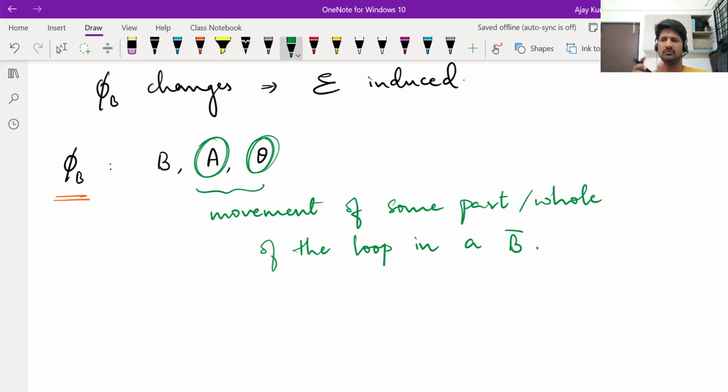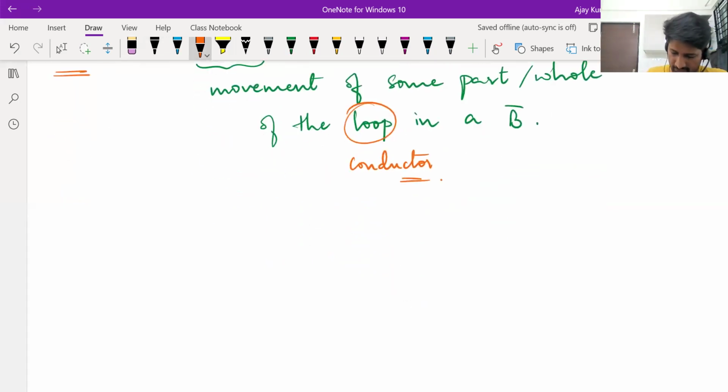If you want to change the orientation, you can rotate the loop inside the magnetic field. So changing the area or the orientation involves the movement of some or the whole of the loop inside the magnetic field, and the loop is a conducting loop. So it means that moving a conductor inside a magnetic field should somehow be generating EMF. Because changing area or orientation is producing EMF, moving a conductor is producing EMF. And that is what we call motional EMF.